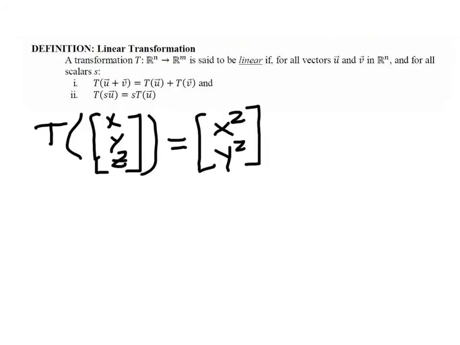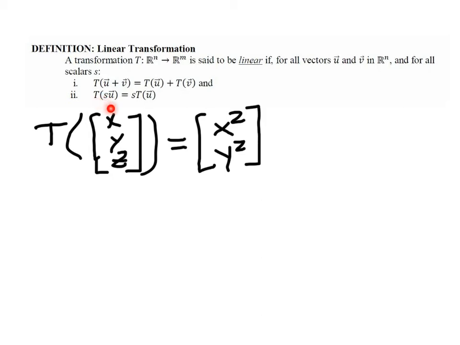Instead, you would use the definition of a linear transformation, which has two requirements. When you apply the transformation to a sum of two vectors, that's equal to the sum of the vectors transformed individually.